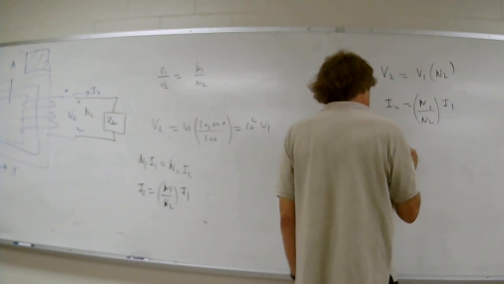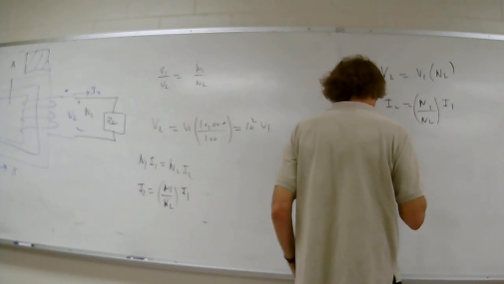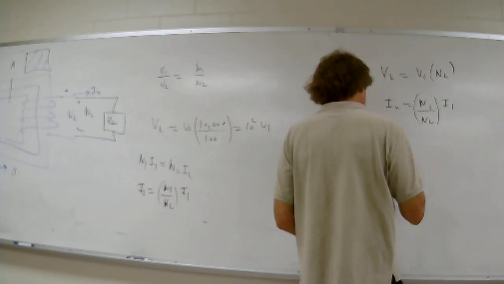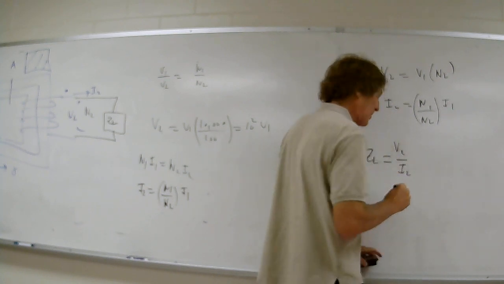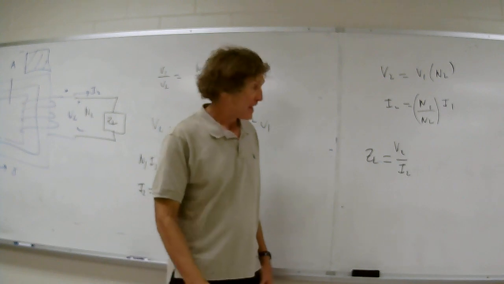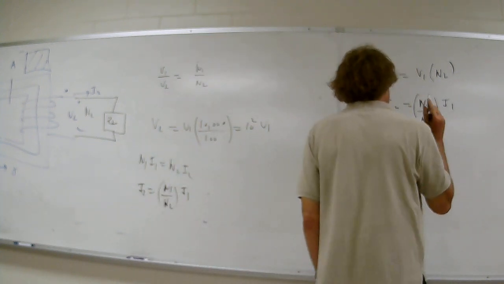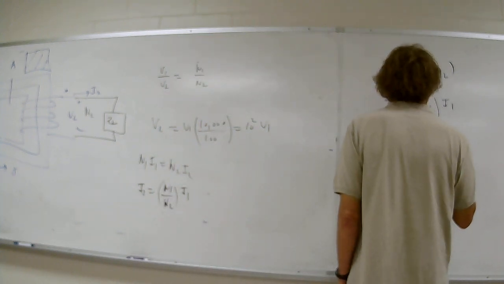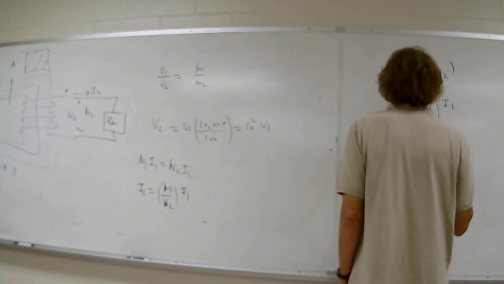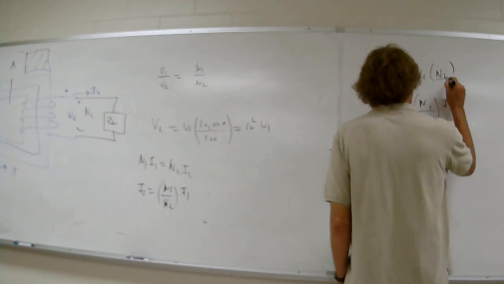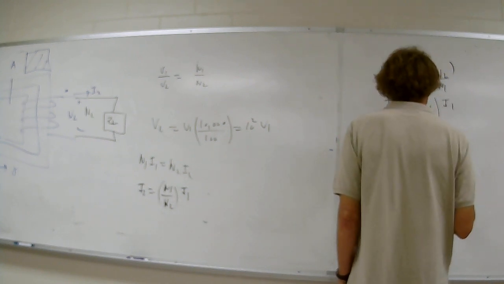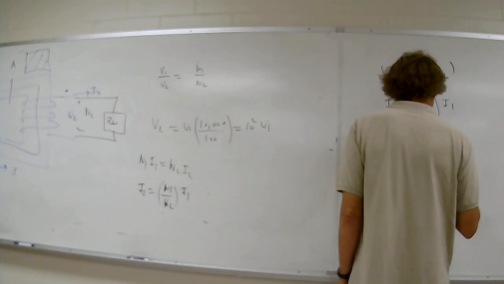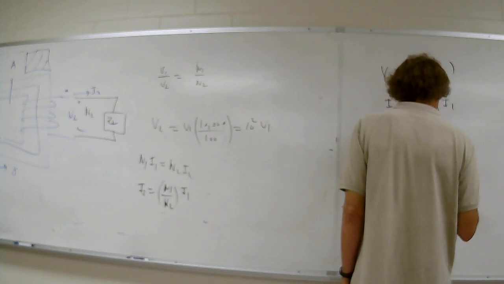Now if I take a ratio of V2 over I2, that is ZL. Y'all follow me? By definition. That's going to be what? V2 is V1 times N2 over N1, and then I2 is going to be N1 over N2 I1.